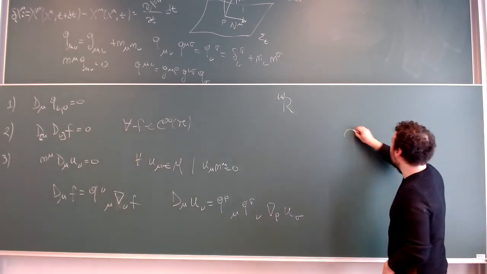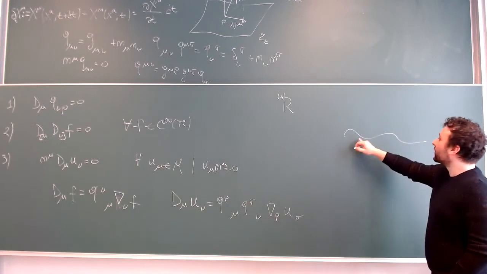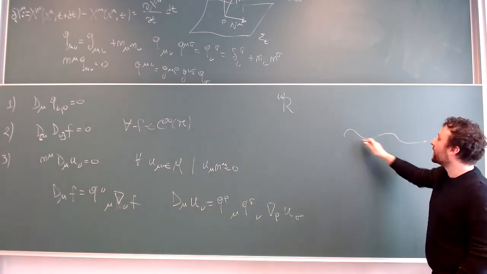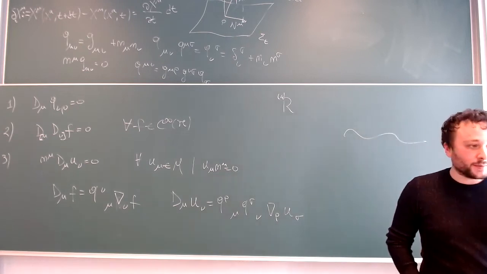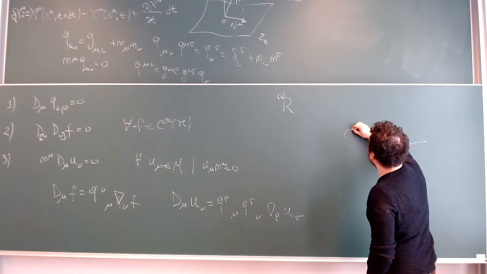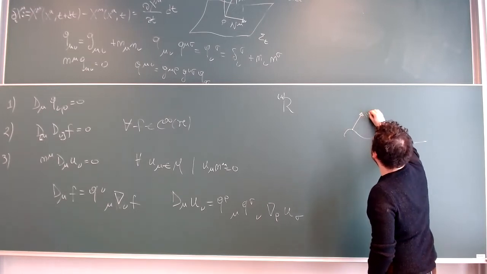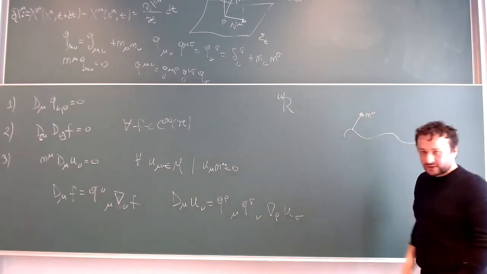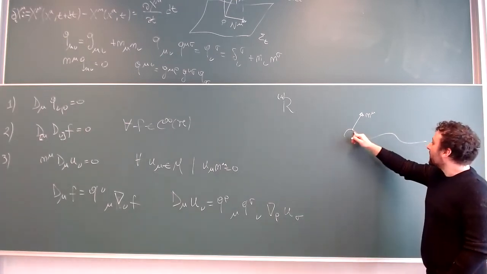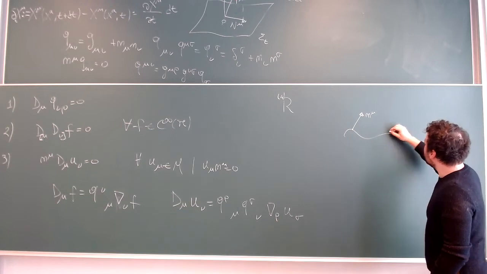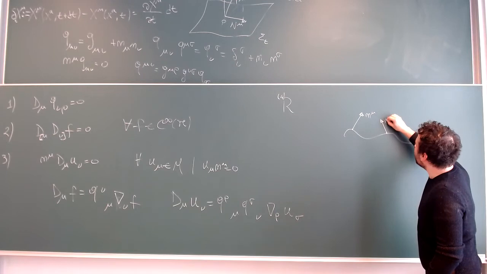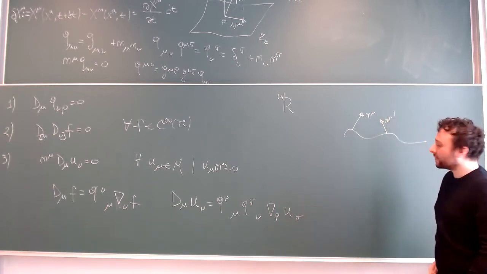For example, if we have this curve here, one-dimensional, as an embedding in the blackboard, and we have here the orthogonal n mu, and here instead the orthogonal n mu prime.